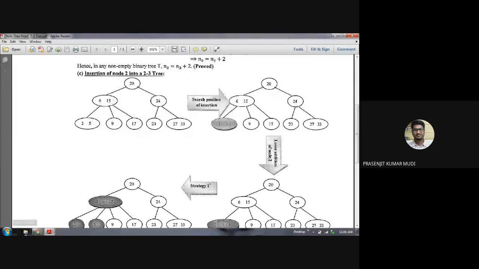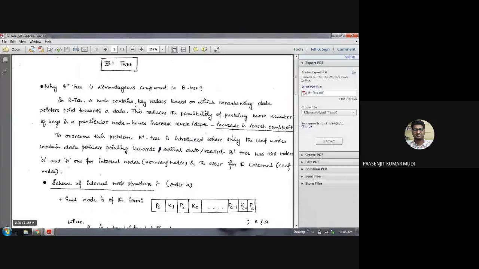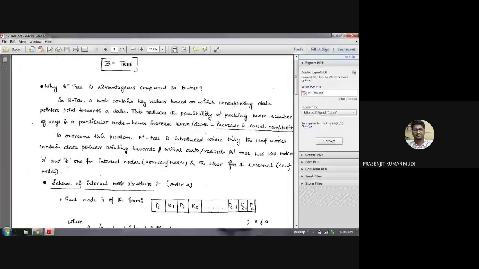So in a B tree, a node contains key values, based on which corresponding data pointers point towards the data. So to overcome this problem, the B plus tree concept is introduced.